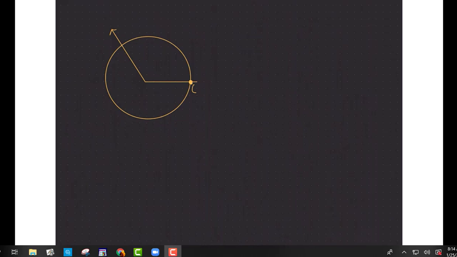We knew that that was the point 1, 0. We're going to go for that positive angle of t. And I know that this point is going to be, let's say, negative 1/2 and the square root of 3 over 2.